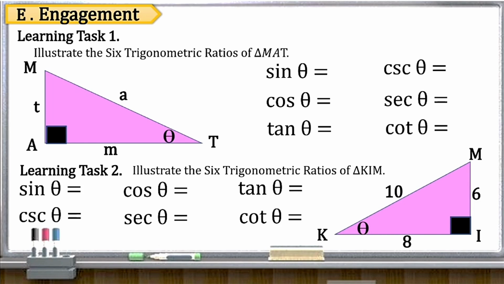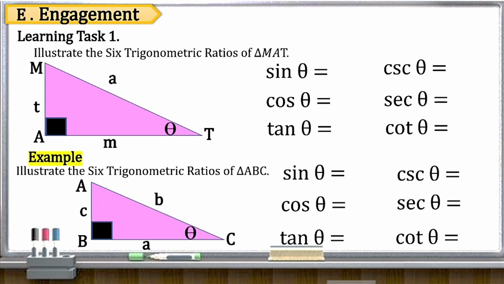So, unahin na natin class yung learning task number 1. So, ito class yung learning task number 1 at ito naman sa baba yung example or yung parallel example na ginawa ko. So, sagutan natin class, illustrate the 6 trigonometric ratios of triangle ABC.